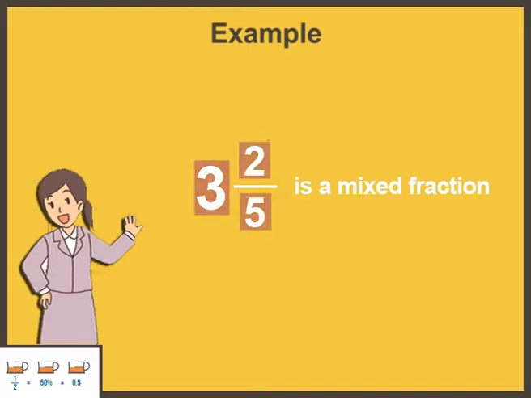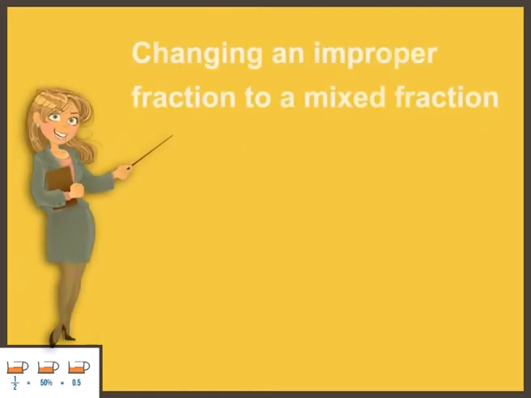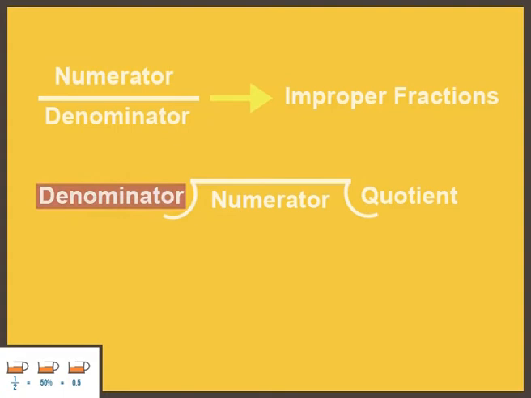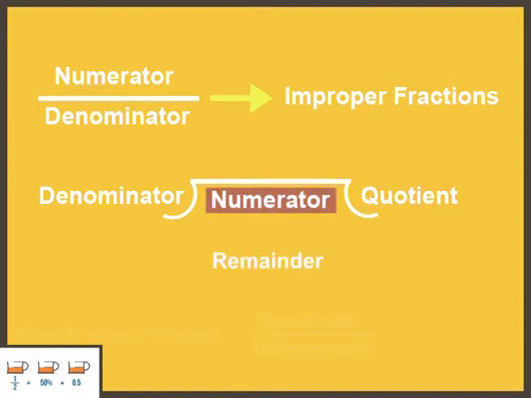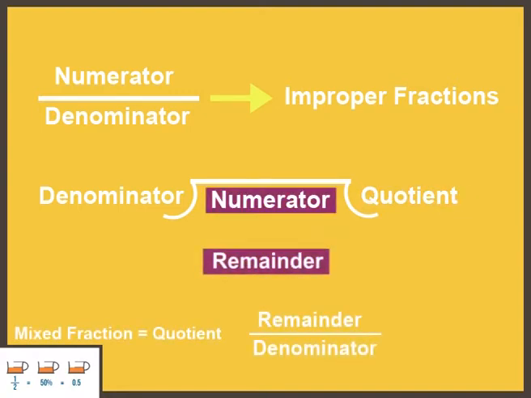We can change an improper fraction into a mixed fraction. Do you know how to do that? When changing an improper fraction to a mixed fraction, divide the denominator into the numerator, the quotient we get becomes the whole number, and the remainder gives the numerator of the remaining fraction.